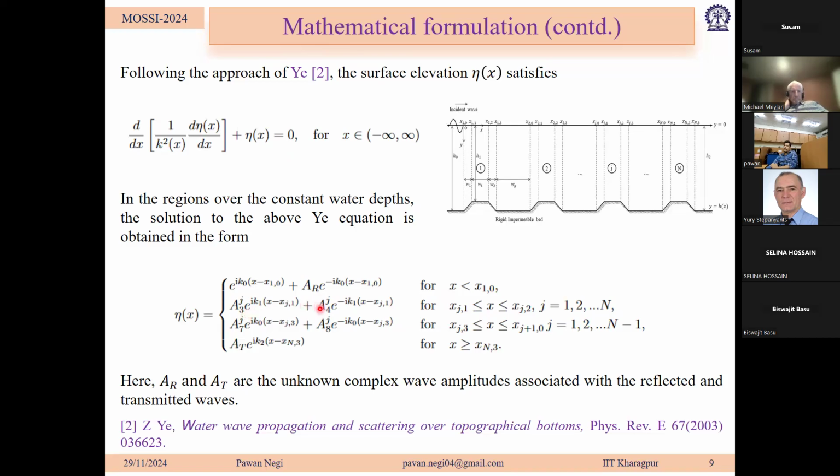Here A3j, A4j, A7j, and A8j are unknown complex constants, which will be determined using the interface conditions at these trapezoidal breakwaters. These represent the to and fro motion of the wave in each of the regions. Here AR and AT are the complex wave amplitudes associated with the reflected and transmitted waves.